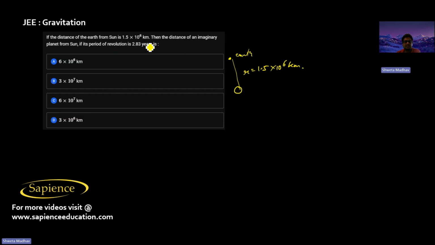The distance of an imaginary planet from the Sun, if its period of revolution is 2.83 years. So we know that T square is proportional to R cube, which is Kepler's law of periods.